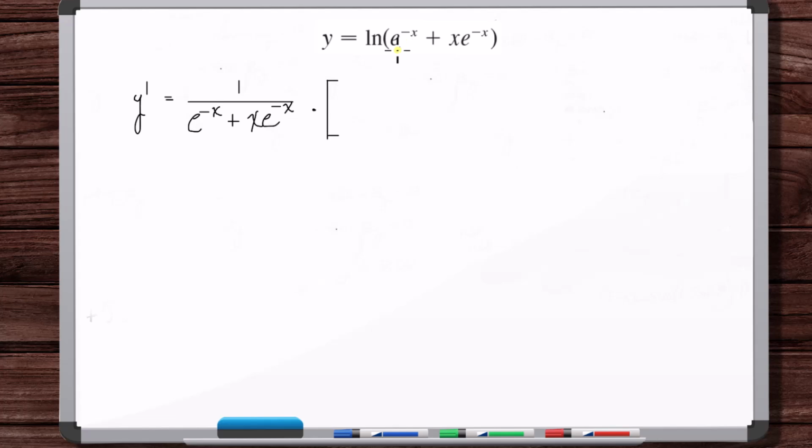Okay, the derivative of e to the minus x is just minus e to the minus x, right? E to the minus x times the derivative of minus x is minus 1. Plus, product rule. The derivative of the first, 1, times the second, plus the derivative of the second times the first. Okay?